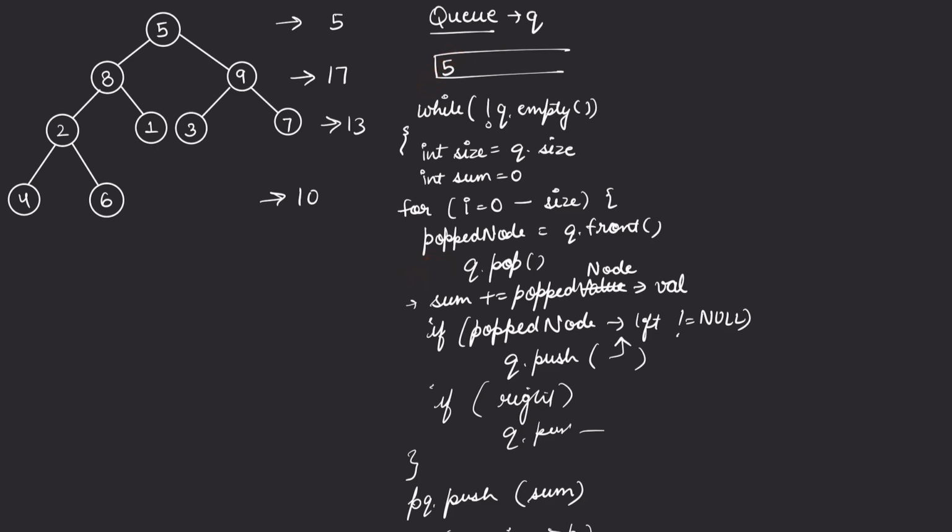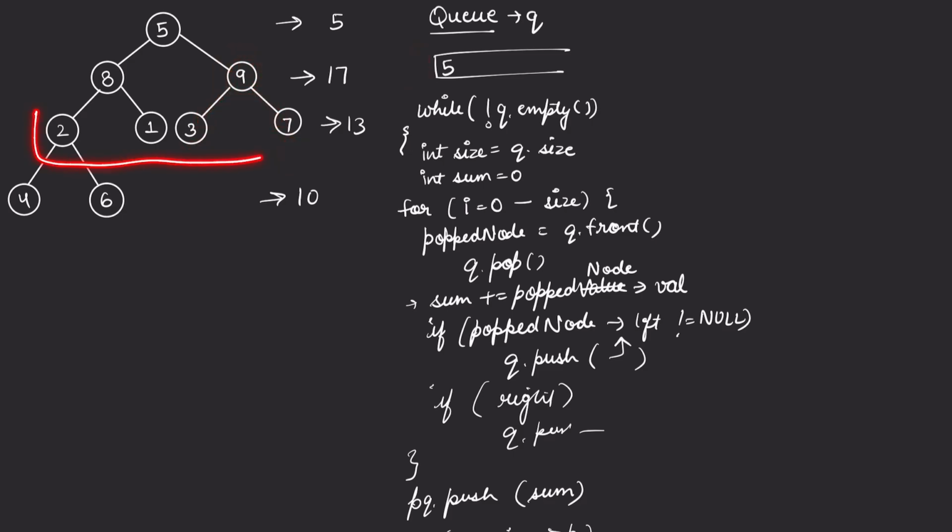Then for the next iteration, the size of the queue would be 2. So this loop would run 2 times, once for node 8 and once for node 9. When it runs for node 8, it would insert its left and right node, which is 2 and 1, inside this queue. And when it runs the second time for node 9, it would push its left and right node, which is 3 and 7, inside the queue.